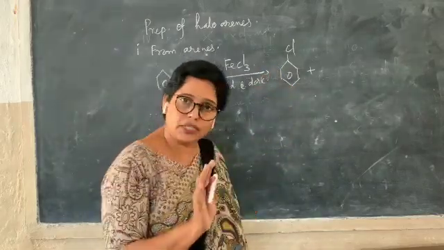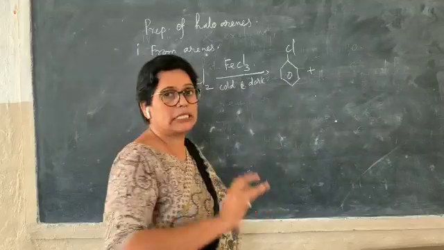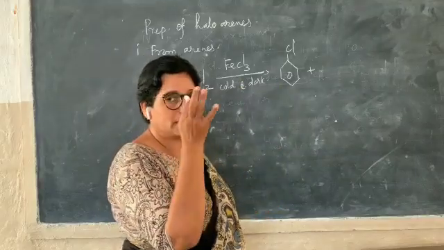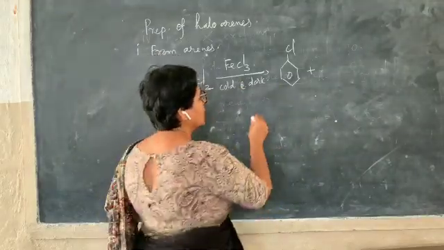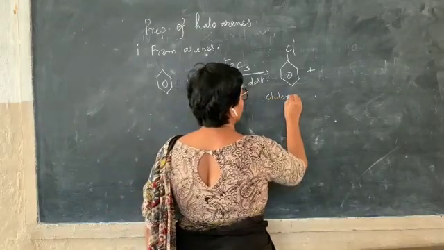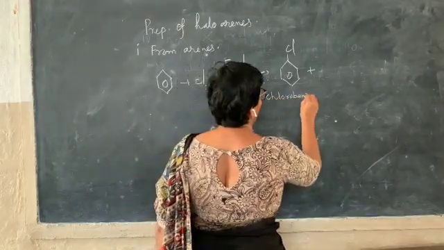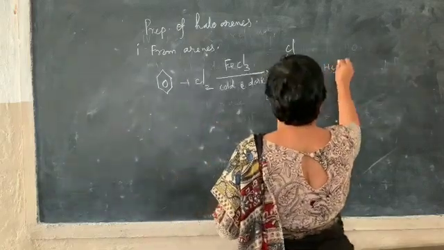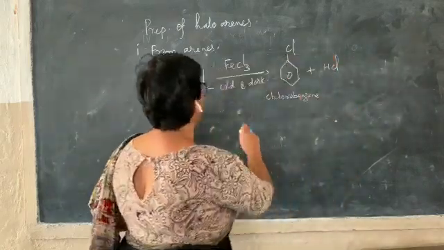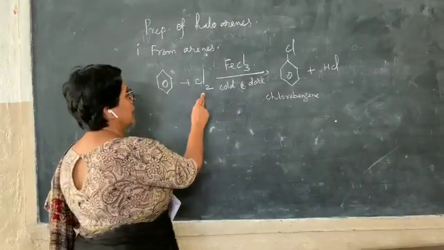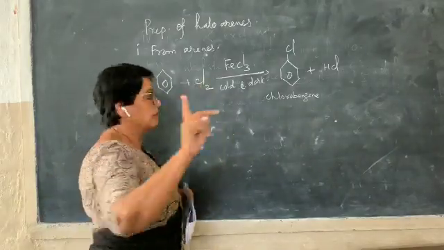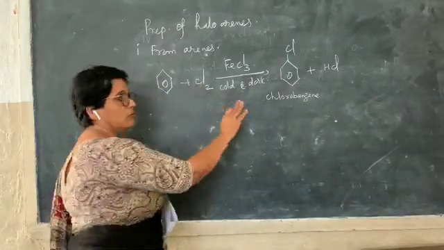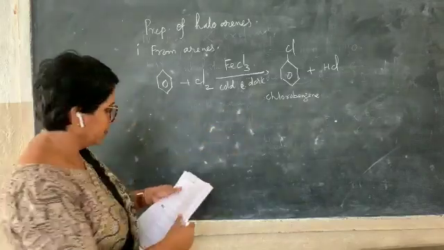So one hydrogen atom is replaced by one halogen atom, that is chlorine. So its name is chlorobenzene. Chlorobenzene and HCl. The removed hydrogen will react with the chlorine left, so you will get HCl.